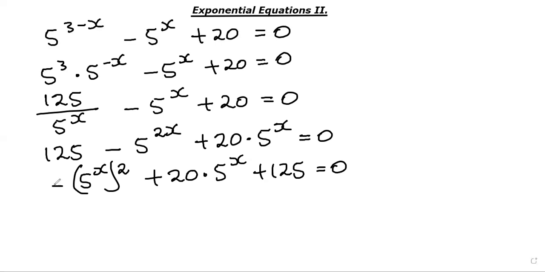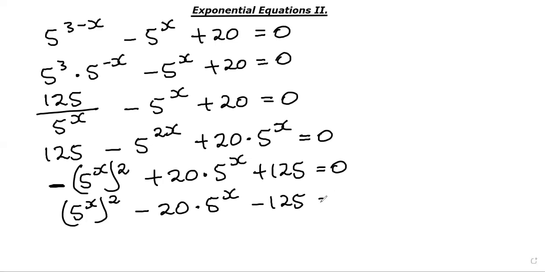Then from this point, I want to get rid of this negative. So I divide everything by -1 or multiply throughout by negative. It's up to you. So the 5 to the x, which is all squared, will be left positive. This one is now negative. This one as well is negative.